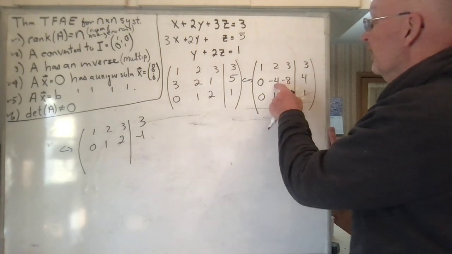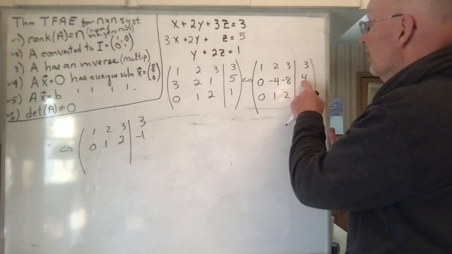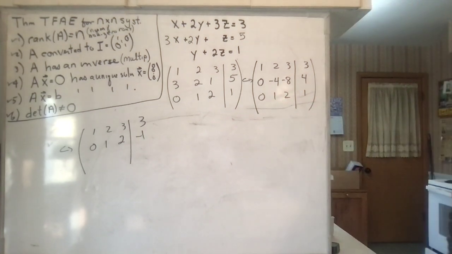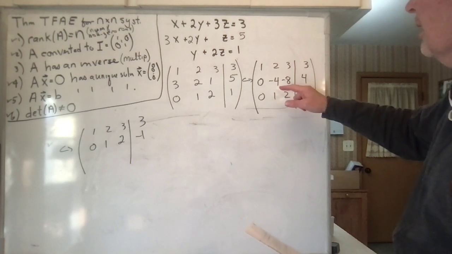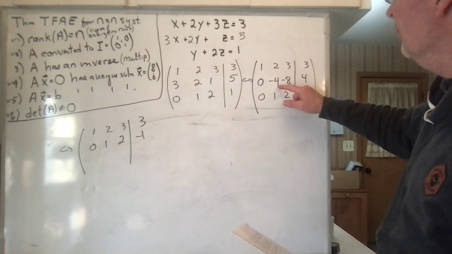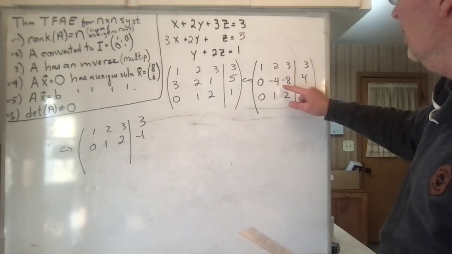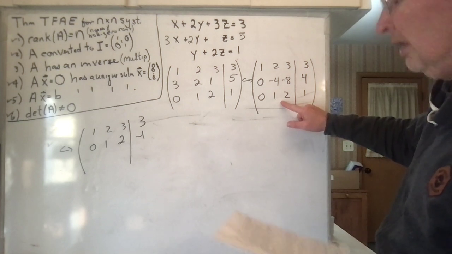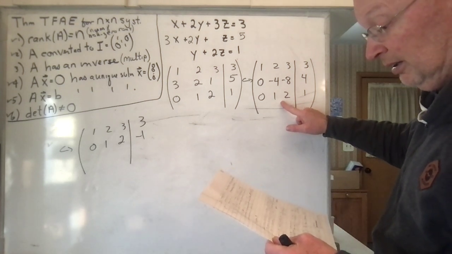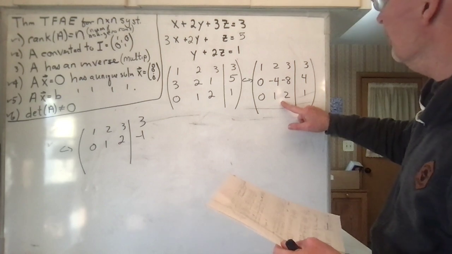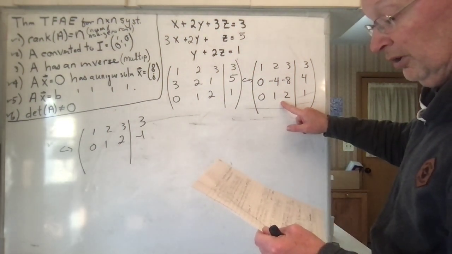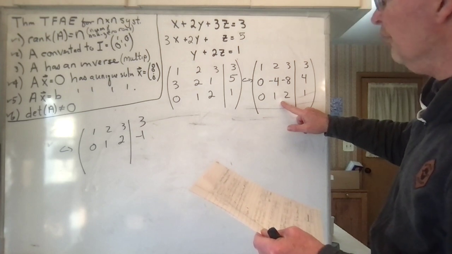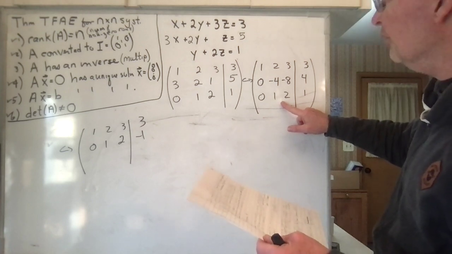Let's see, divide this, divide this, divide, let's see. I got a mistake here, and I don't want to make a mistake. Let me just make sure. 1, 2, 3, 3, 2, 3, 1, 5, 0, 1, 2, 1.